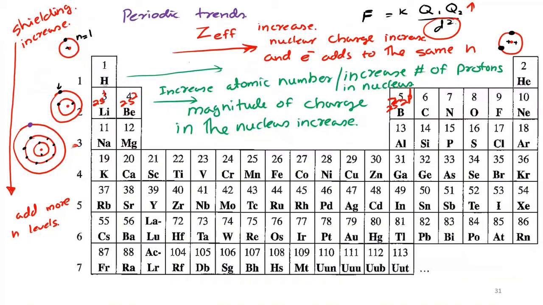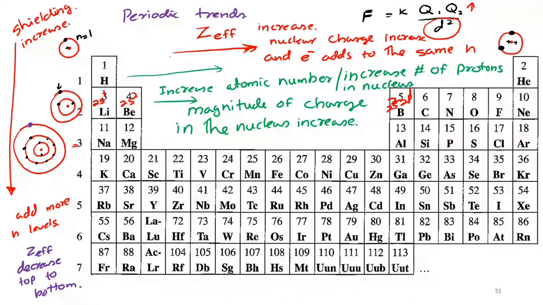So as a result of increasing shielding from top to bottom, the Zeff decreases. That is a periodic trend. Going from top to bottom, your shielding increases, and as a result, your effective nuclear charge decreases.